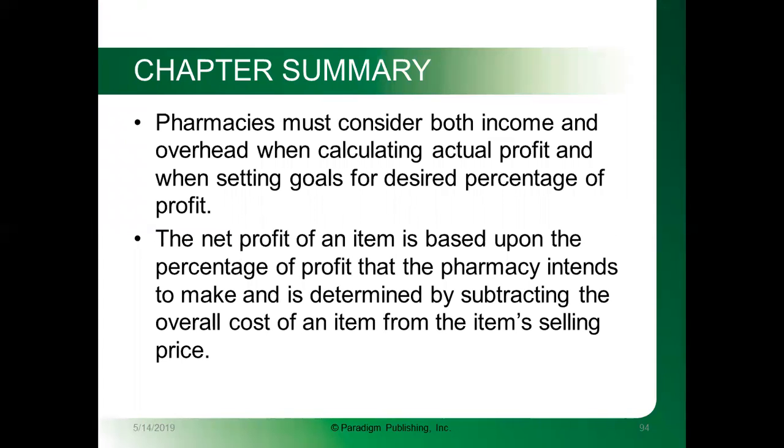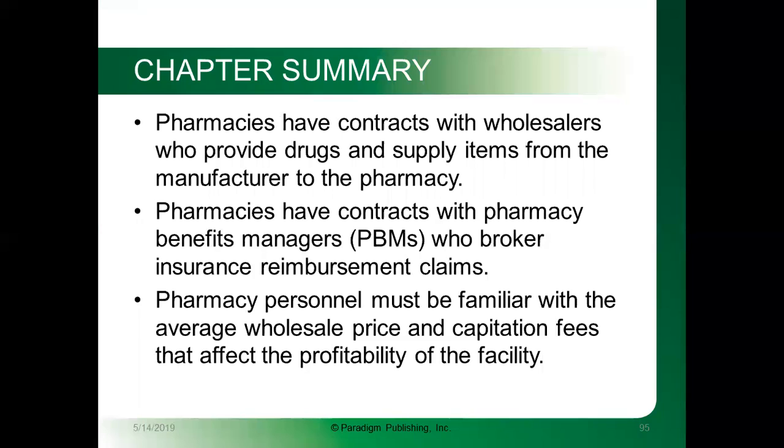So in summary, pharmacies must consider both income and overhead when calculating actual profits and when setting goals for the desired percentage of the profit. The net profit of an item is based upon the percentage of profit that the pharmacy intends to make and is determined by subtracting the overall cost of an item from the item's selling price.